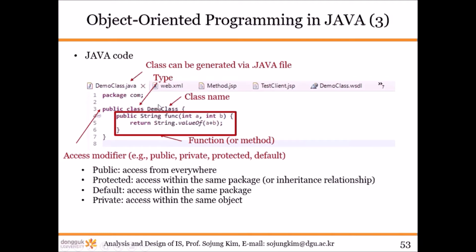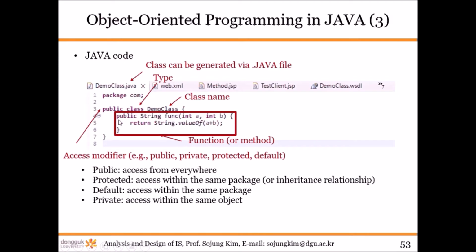And private means only the same object can access this class, so external classes cannot access it. You can use four different access modifiers, but in this example we are going to use public only, which is not really secure.